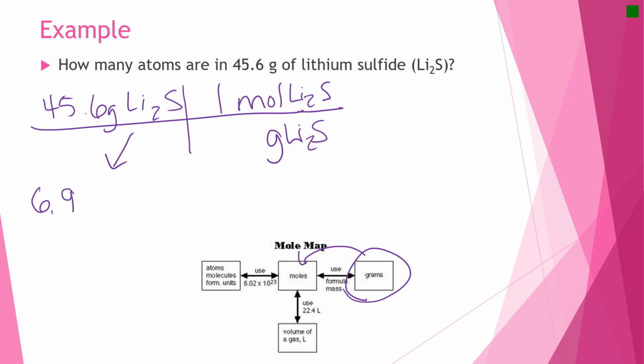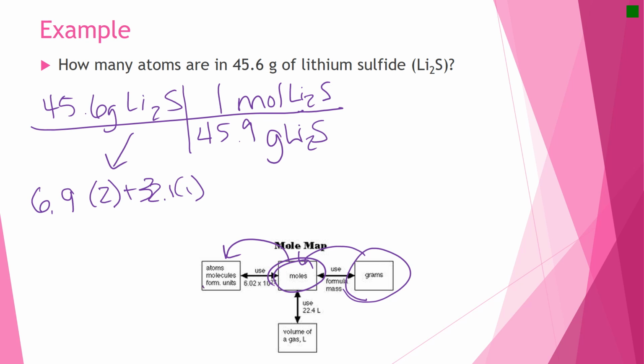So it's going to be 6.9 times 2 plus 32.1 times 1. So we get 6.9 times 2 plus 32.1. It is 45.9 grams.